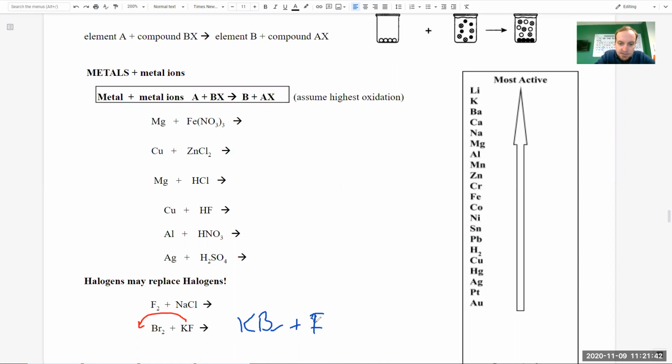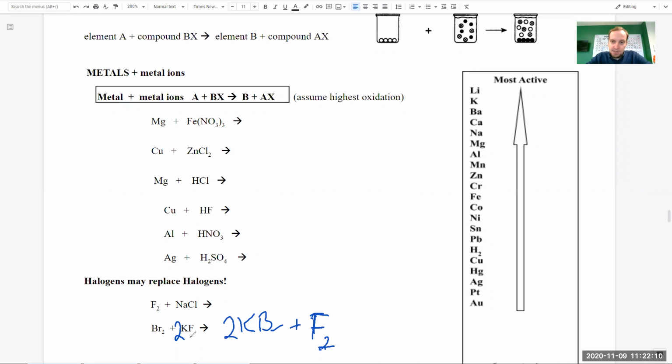Fluorine is one of the diatomics, so that's F2. Let's just double check that. K is a +1, bromine is a -1. They do cancel out. So that is the correct way to write the single replacement of bromine plus potassium fluoride yields potassium bromide plus fluorine. To balance this, there we go, balanced.